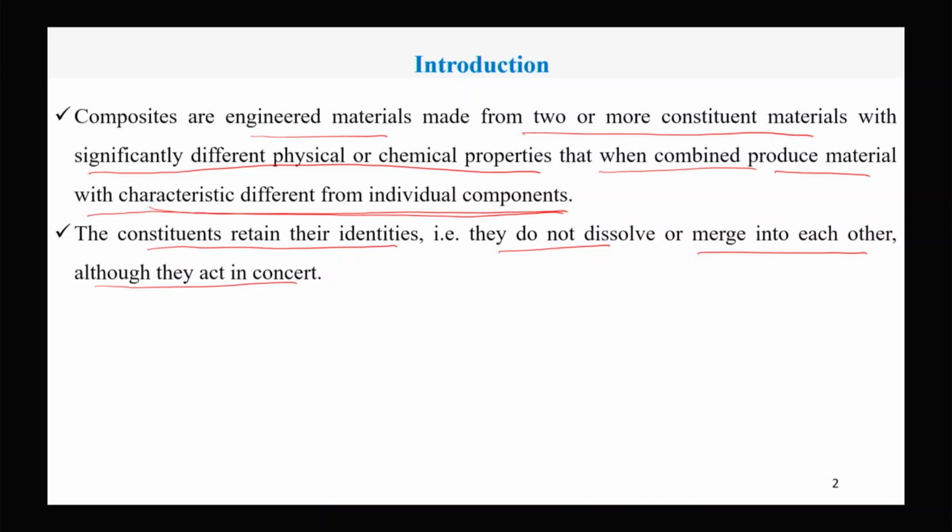Basically, if you see here, the example of water and sugar. When we mix water with sugar, water and sugar are entirely different components and their physical and chemical characteristics are different.